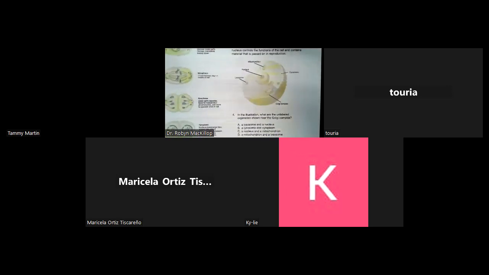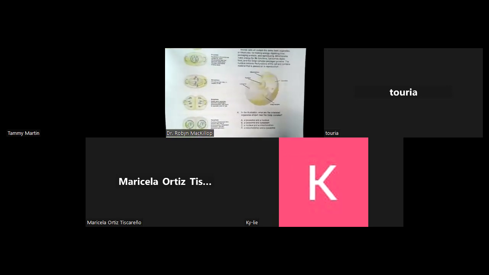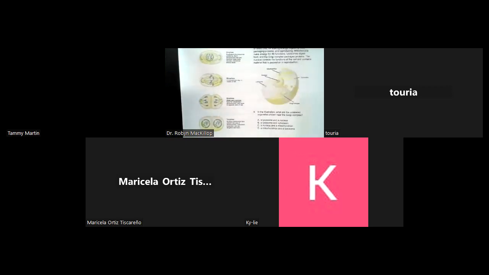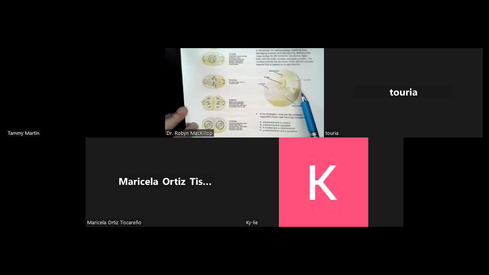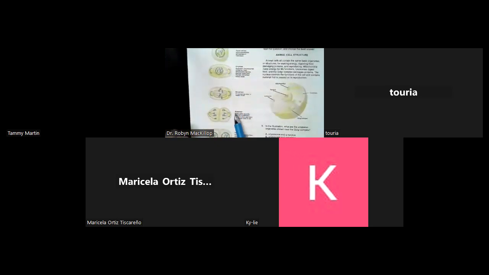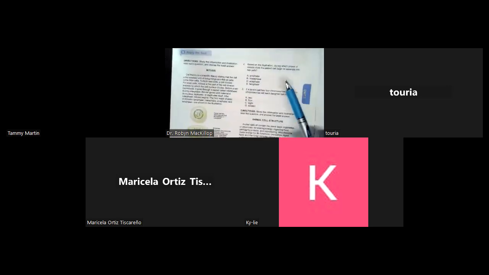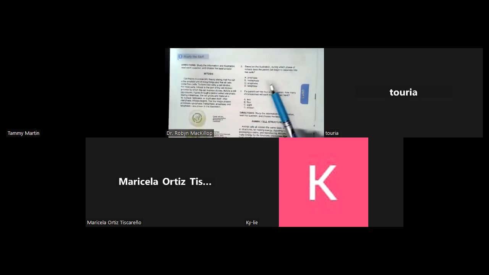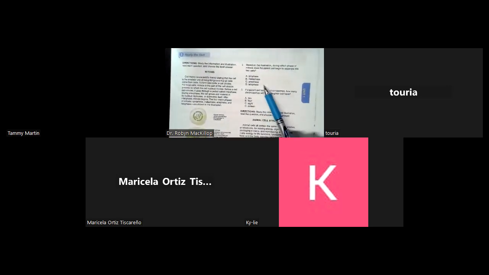Then we get into, I've got to take this up so you can see better. I will say it is not a bad idea to know the phases of cell division in a basic sense, so that if they do ask you a question, like they're going to right here, based on the illustration, you can go right to it.